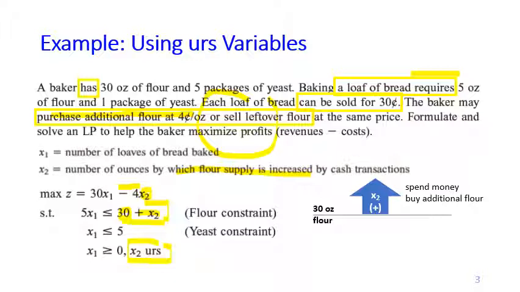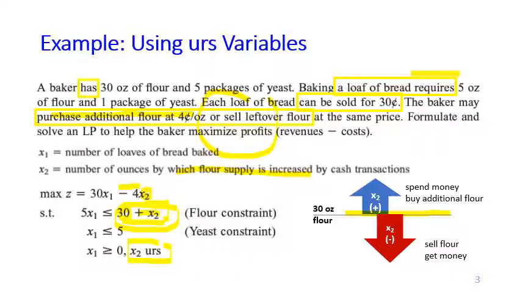However, if we decide to sell the flour, then x2 has a negative sign, because this is 30 ounces of flour that we have. Then if you sell the flour, of course, the availability of your flour will go down. 30 plus x2, but the x2 itself is negative. That's why the availability of flour will go down.